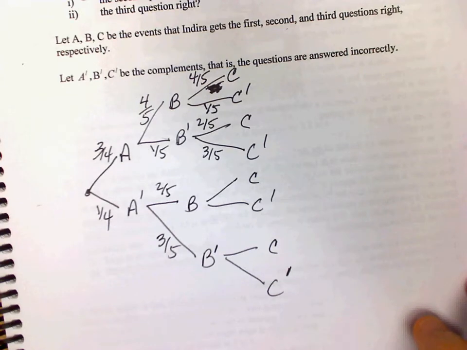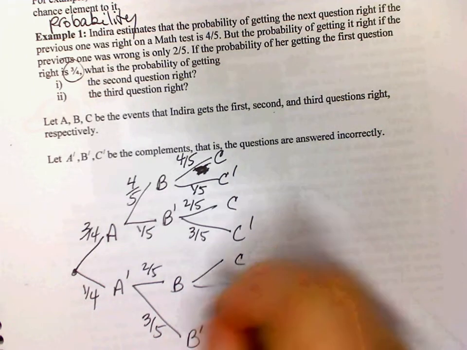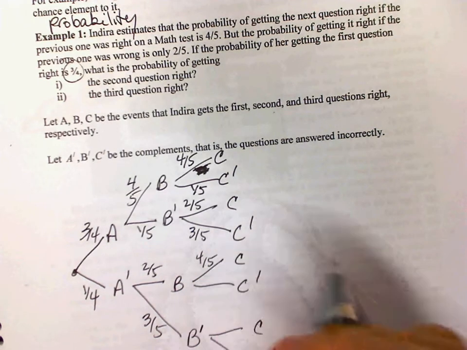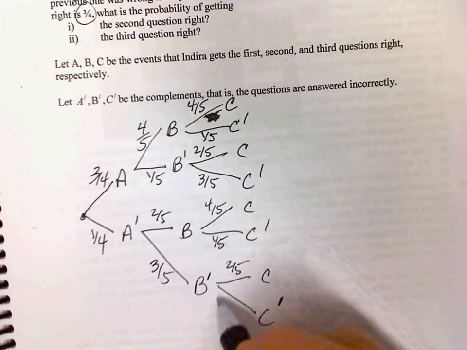All right. That would be 4 over 5. And this one's previous one is wrong. Does that make sense?